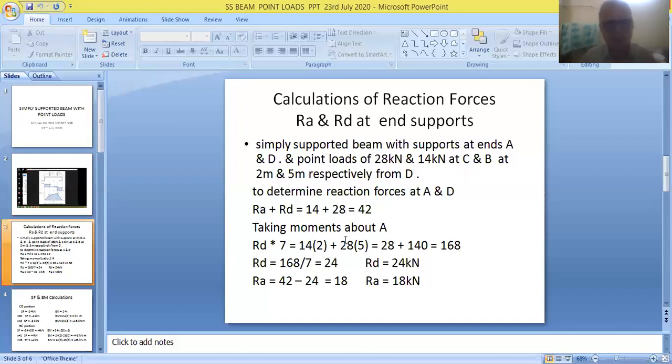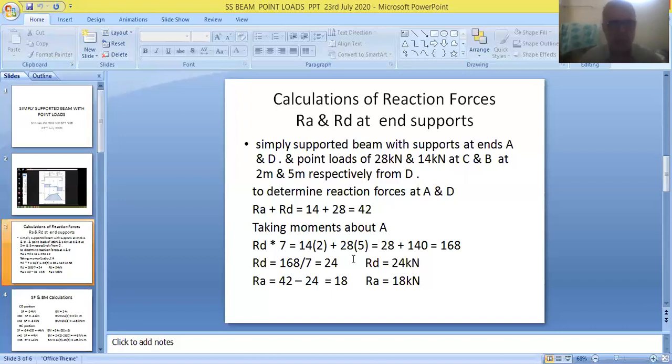So friends, we are taking moments about point A. So RD will be an anti-clockwise moment. It is written on the left-hand side of the equation. And 14 and 28 form clockwise moments. They are written on the right-hand side of the equation.